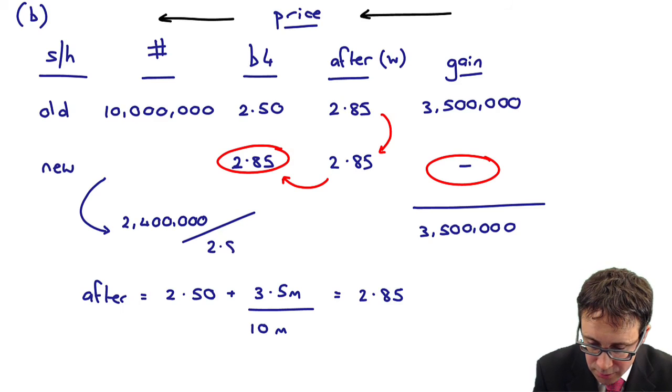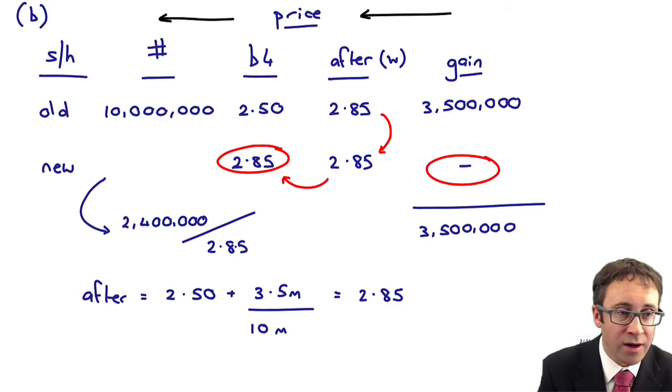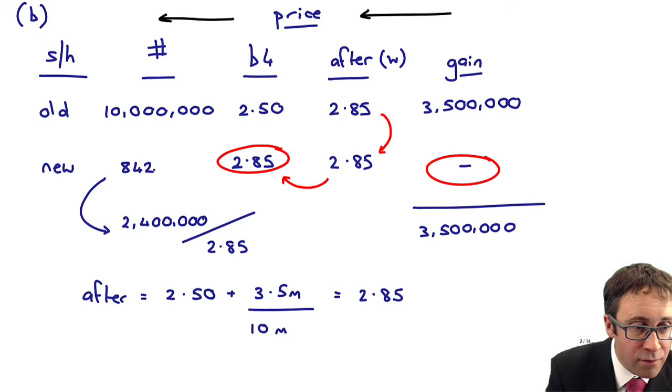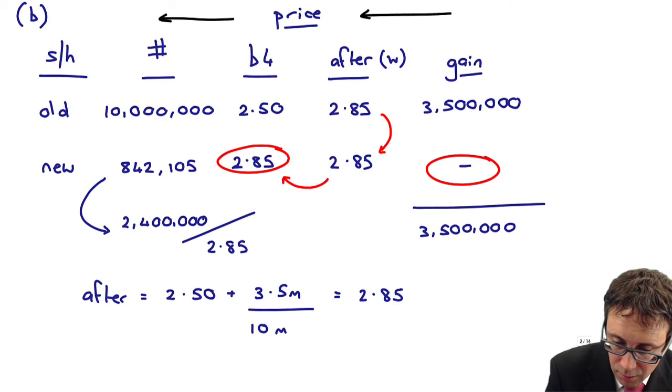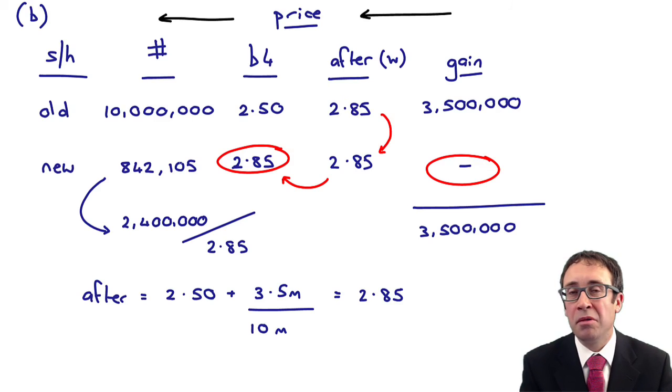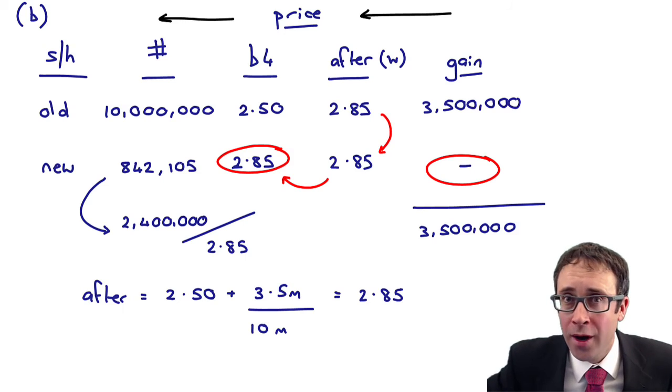The issue price is $2.85, and if you tap that on your calculator, you get 842,105. So you're issuing fewer shares when you issue at a higher price, so it saves you on issue costs, but it's not going to work, is it?